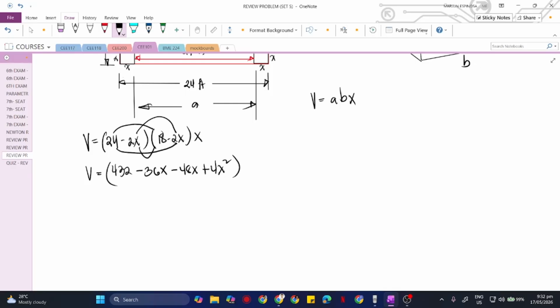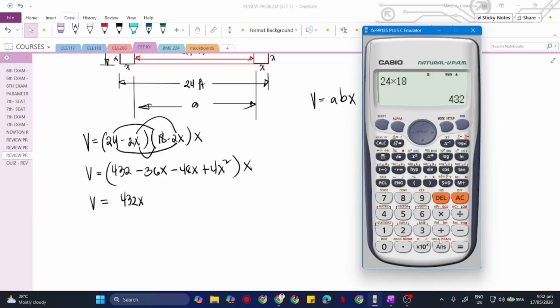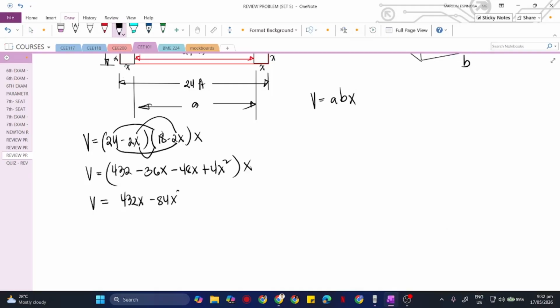Okay, and then we still have x here, so let's distribute x. That would give us 432x. This one, 36x minus 48x, that would be added now since they have the same sign. So that is negative 84x squared plus 4x cubed.